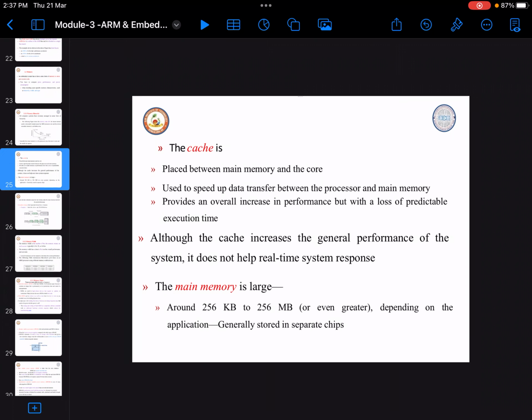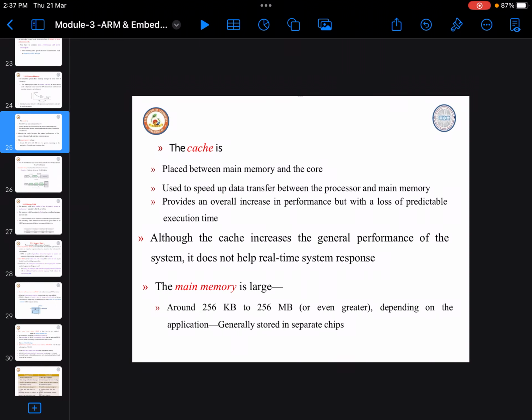Usually the cache is placed between the main memory and the core processor, meant for speeding up the data transfer between the processor and the main memory. It provides an overall increase in performance, but at a price.